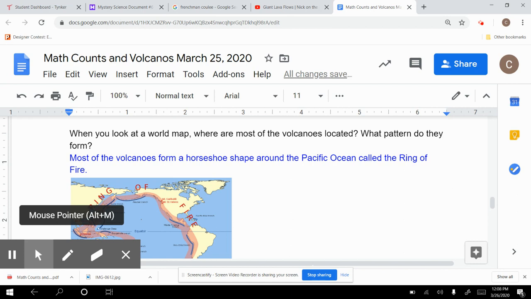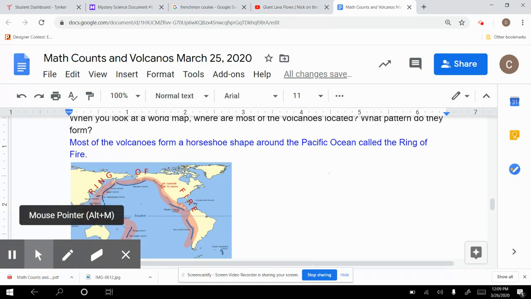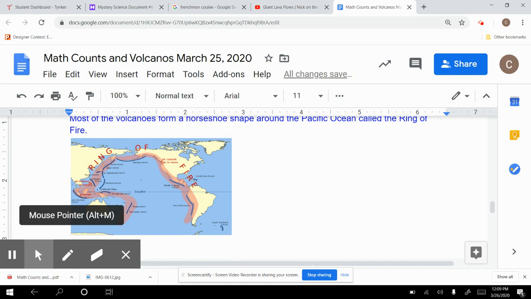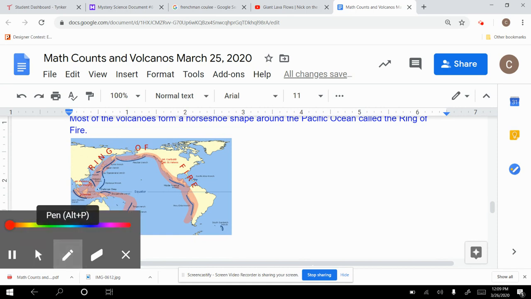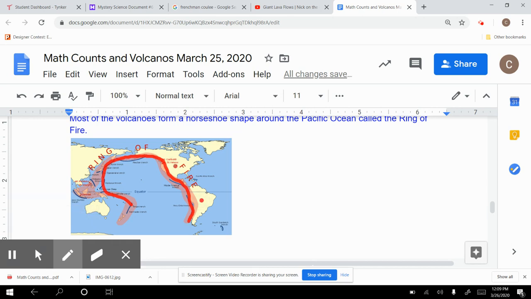It says here that whenever you look at a world map, where are most of the volcanoes located? What pattern do they form? Let's see if I can drag this over a bit. Well, you see, and we've talked about this some in class, that there is this definite pattern that happens along South America, North America, Asia, and Australasia here.